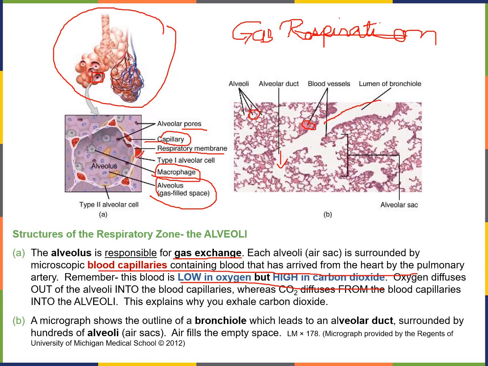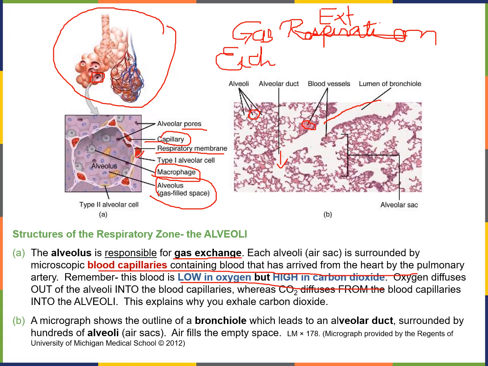We breathe out carbon dioxide, we breathe in oxygen. Respiration is not, technically speaking, breathing. Breathing is ventilation. So the gas exchange that's occurring here, this is external respiration, external, EXT, this is gas exchange.